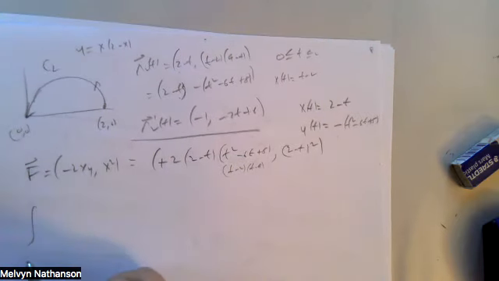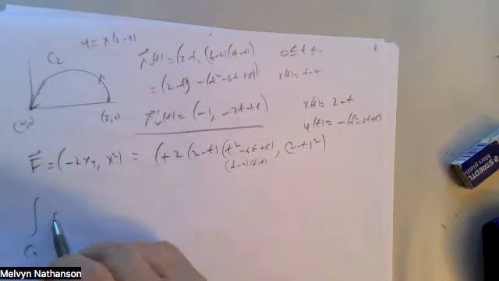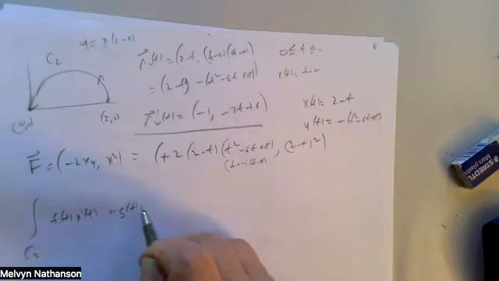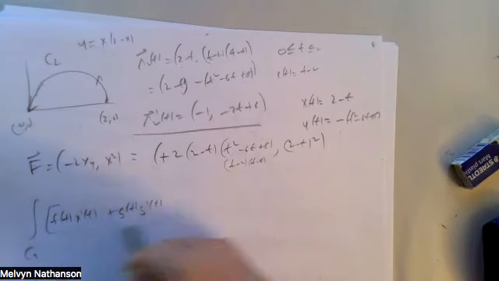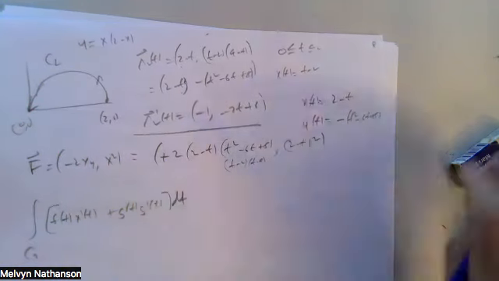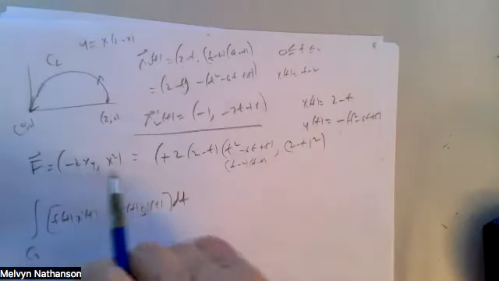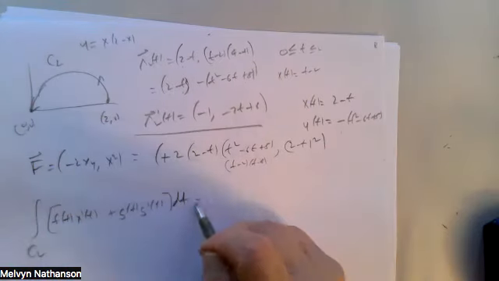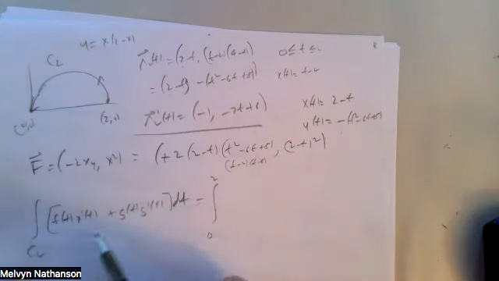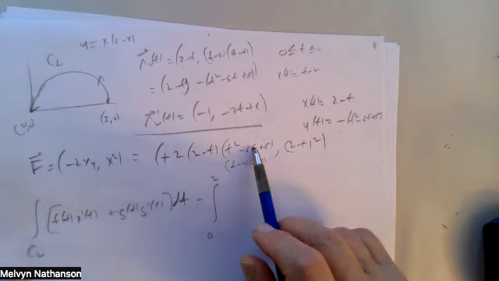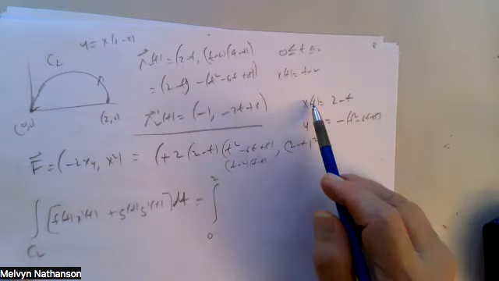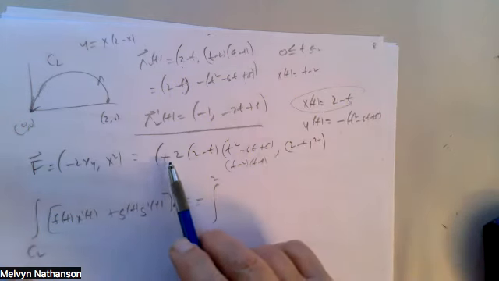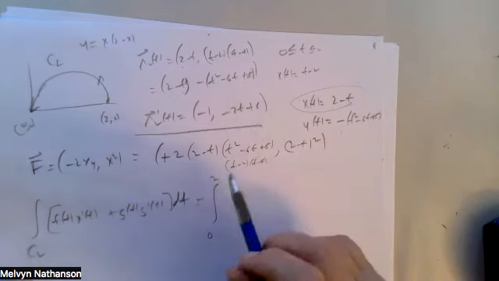So the line integral around C2, f of t, x prime of t, plus g of t, g prime of t, dt, this is the integral from t going from 0 to 2. Let's see, f of t, x prime of t, this is x of t, the derivative is minus 1. So we get minus this.